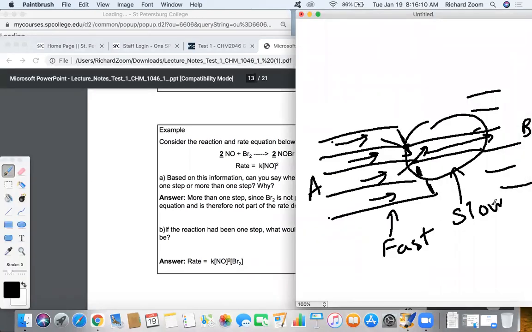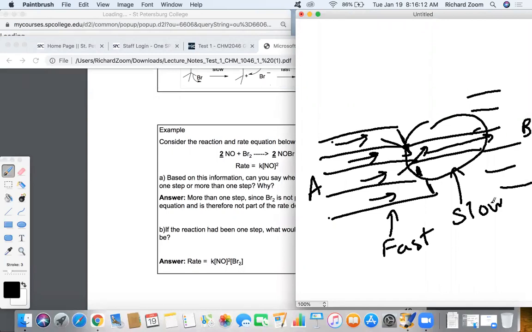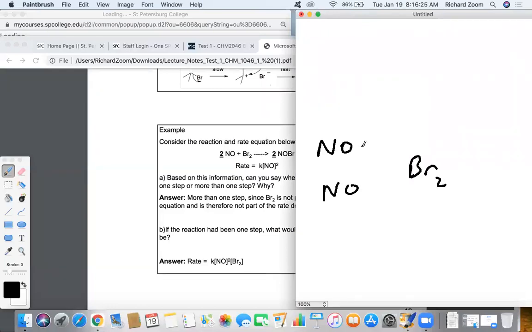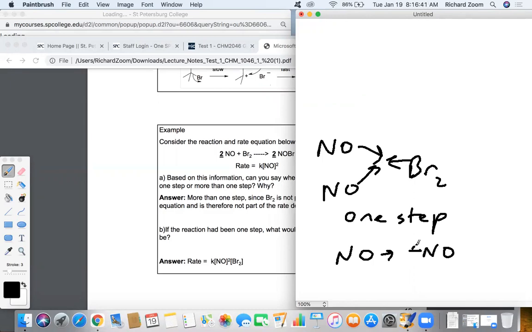So just to give you a little bit more of an idea of what I mean by one step. One step would mean that we've got NO, NO, and Br2, and they're all colliding together at the same time. That would be one step. Instead, we know that what's happening is that in the slow step, we've got 2 NOs.